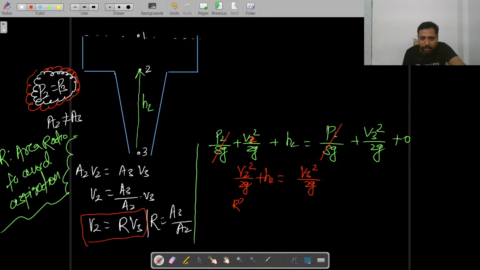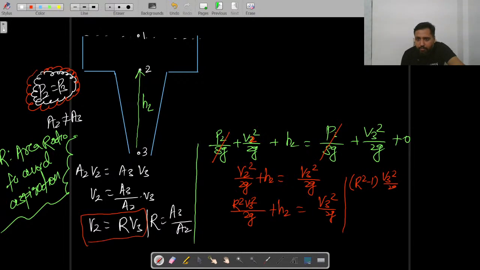So this will become R square V3 square upon 2g plus H2 is equal to V3 square upon 2g. Or if you simplify, you can easily write that R square minus 1, let us take it common, multiplied by V3 square upon 2g is equal to minus H2.